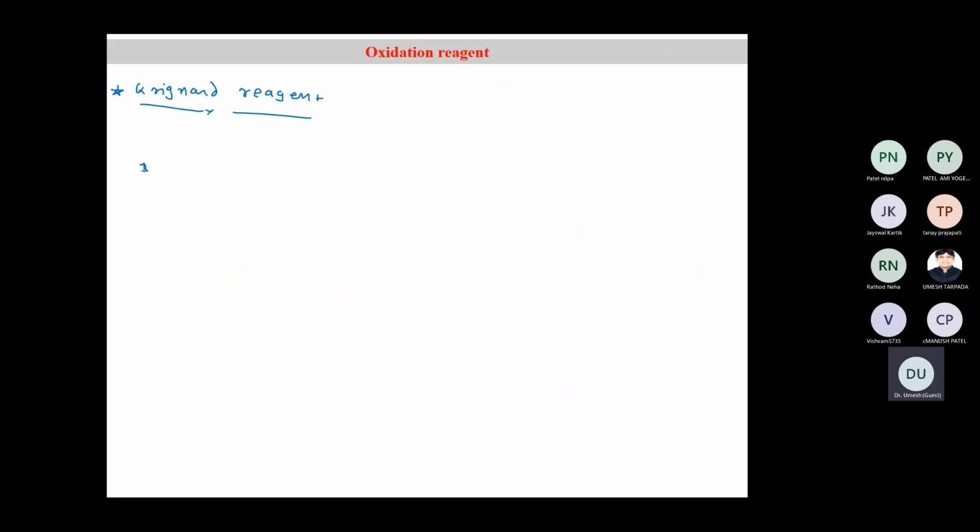Apart from the common applications, now we have one of the detailed applications, that is, applications of Grignard reagent.